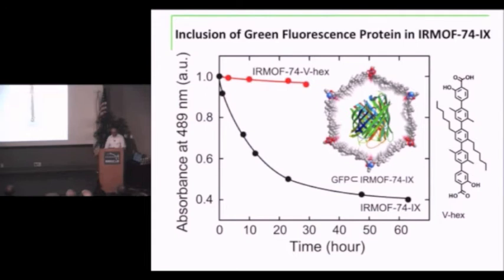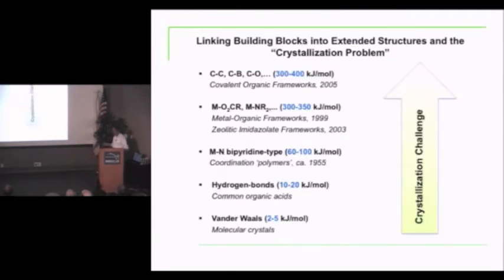So what has been done here with MOFs is that we have transformed the chemistry of linking building units together from the weak bond regime into the strong bond regime, which previously people thought was an inaccessible regime, because as the bonds get stronger and stronger, the crystallization problem becomes more and more challenging.